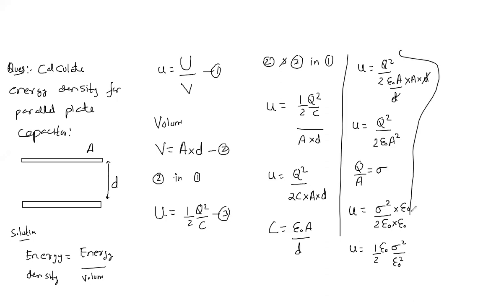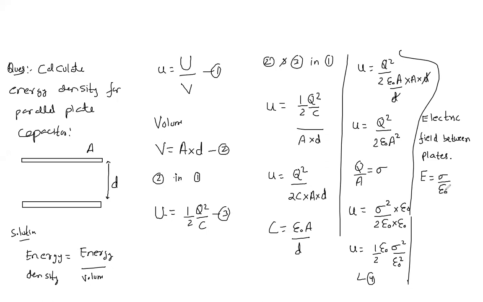So this is equation number 4. What is the expression of electric field between the plates of a capacitor? Field is sigma by epsilon naught, right?